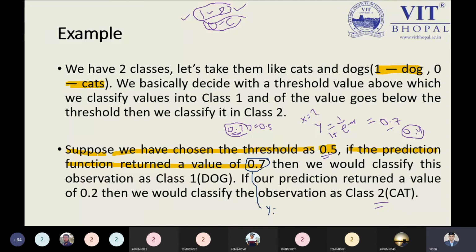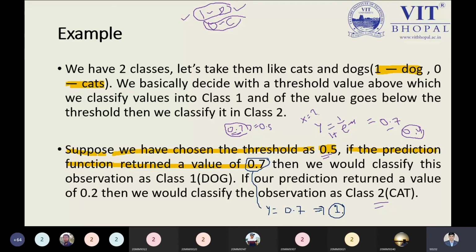So we can easily say 0.7 is greater than our threshold value 0.5, so we will consider this as belonging to class 1, because it is bigger than the threshold value. So our observation is saying that the input we are taking will be considered in the dog class.